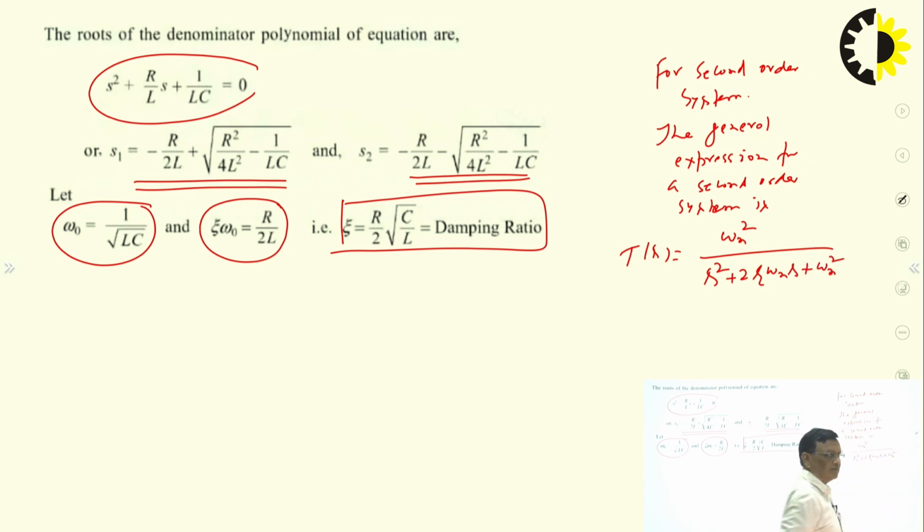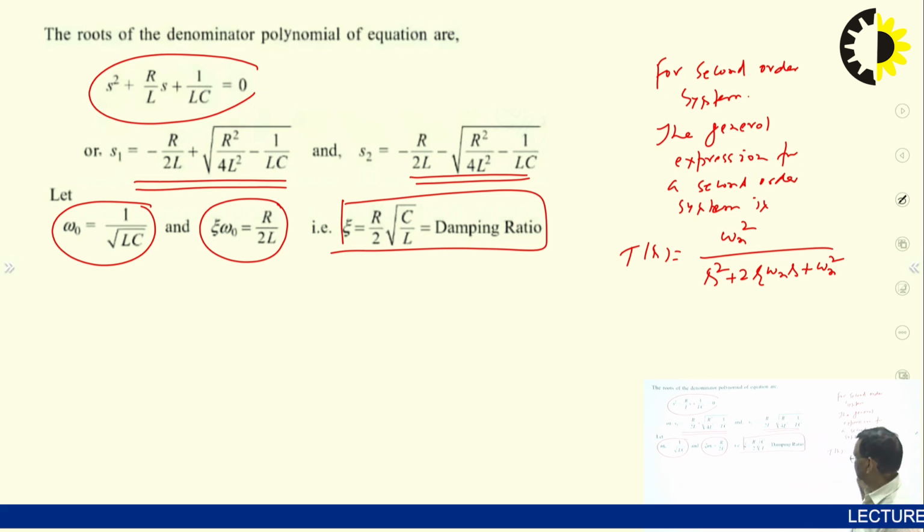So this is the general expression or transfer function of a second order system.